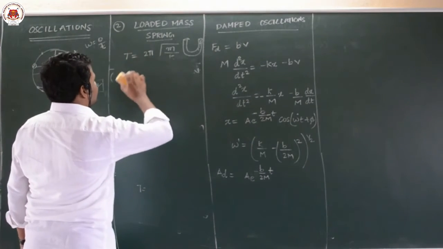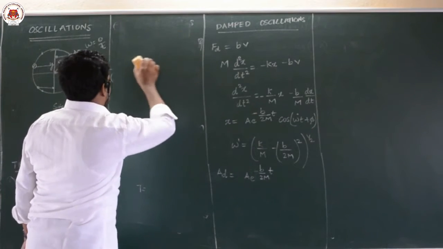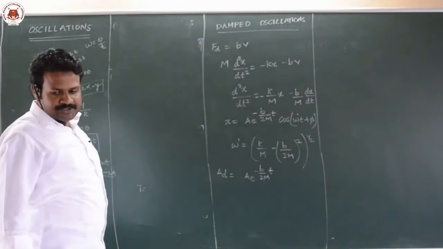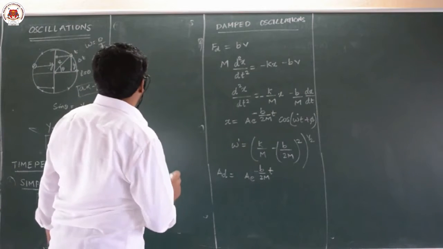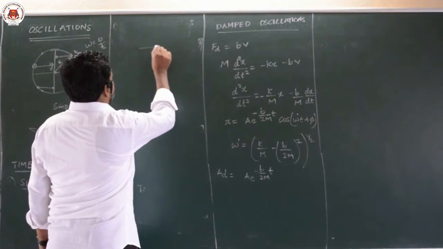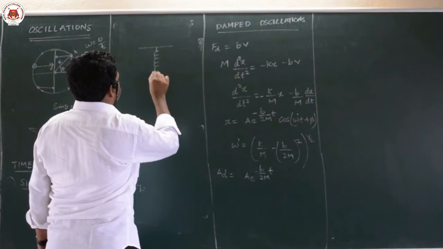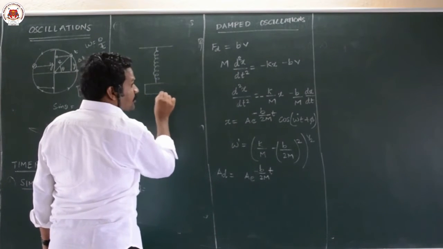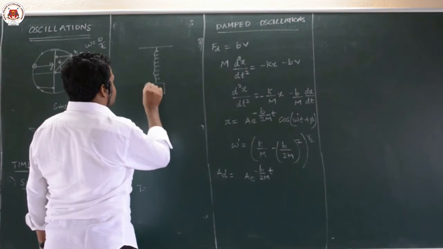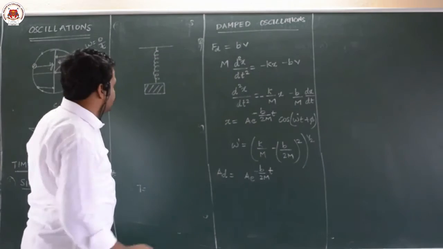Let us see how to calculate the time period if they give different bodies. Just calculate the net force. For that, let us take one example. Suppose there is a spring mass system like this. When the spring mass system is present in air, what is the time period?